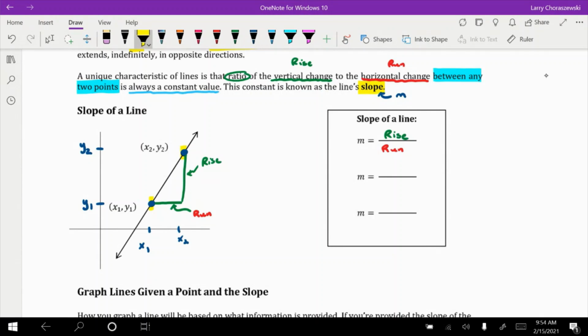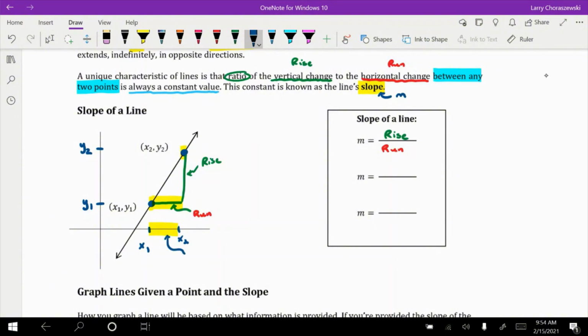If we look at the x-axis, there's this gap between x1 and x2. The length of this gap happens to be the same length as the run that we've indicated. And so we can figure out how much the run is by figuring out how much is separating x1 and x2.